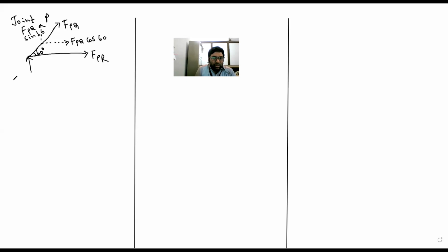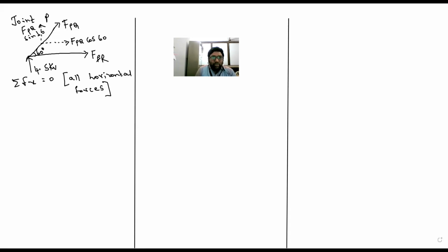Now see, sigma Fx is equal to 0. So all horizontal forces. What is the vertical reaction acting? 4.5 kilonewton. That is vertical.